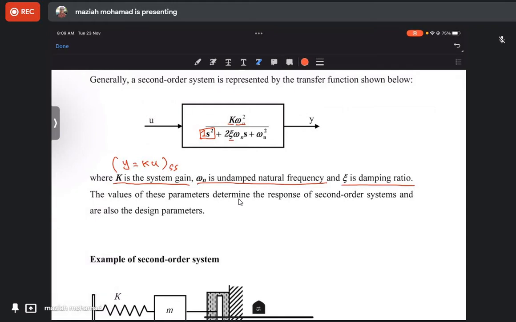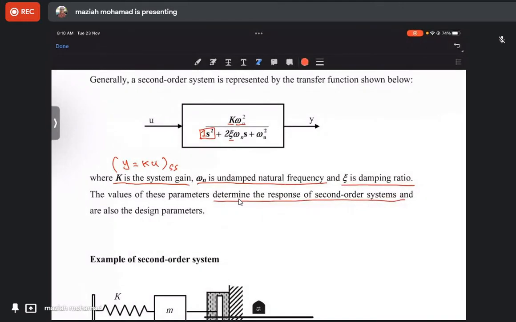All right, so these three parameters will determine the response of the second order system. The response will depend on these three parameters: how much oscillation will occur in the system, and how fast the response of the system is.